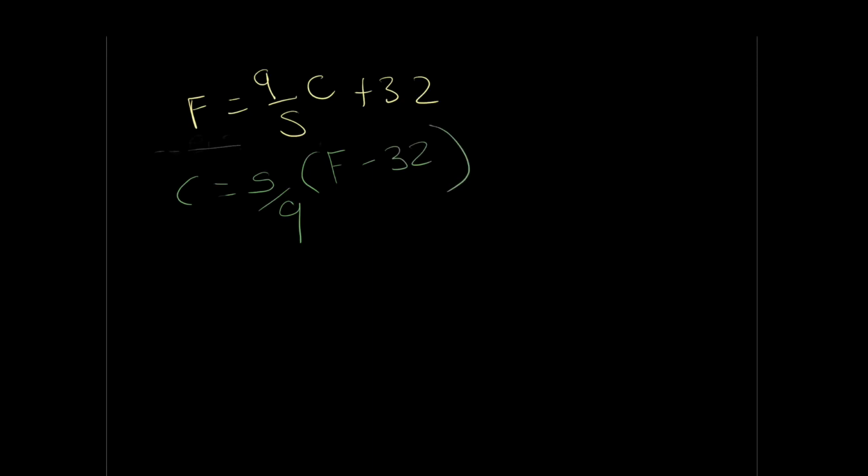So that's the second equation. The first one is for when you're given a temperature in Celsius degrees and you want it in Fahrenheit, and the second one is for when you're given it in Fahrenheit and you want it in Celsius degrees.